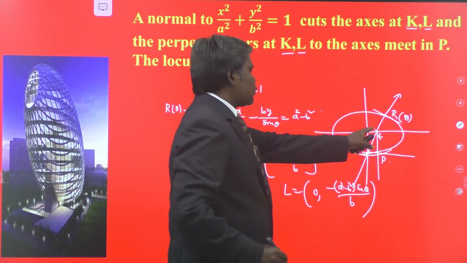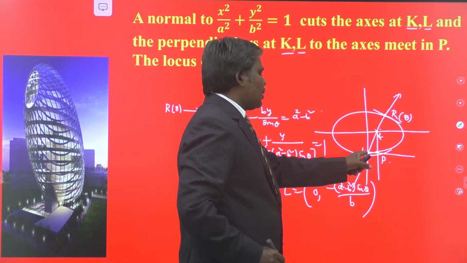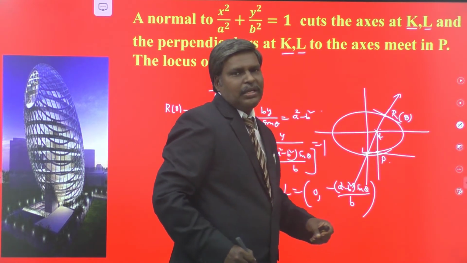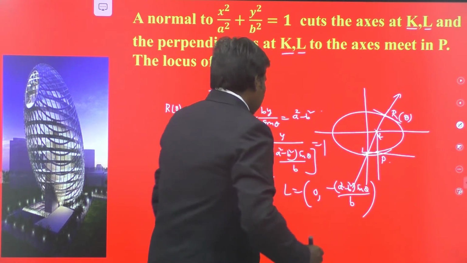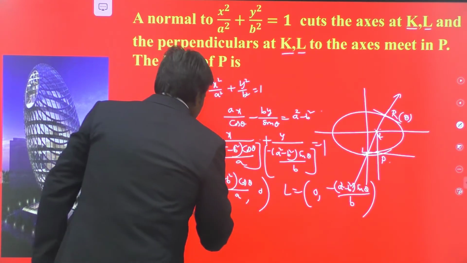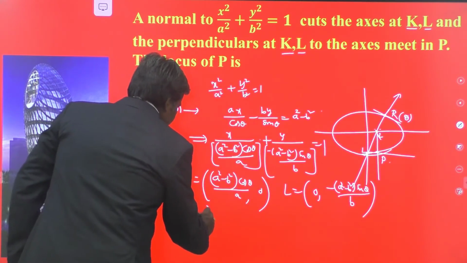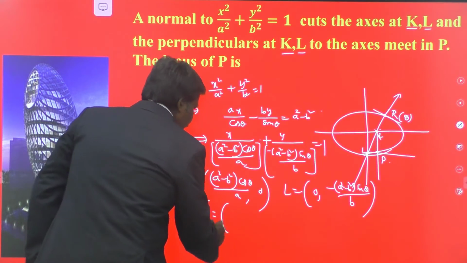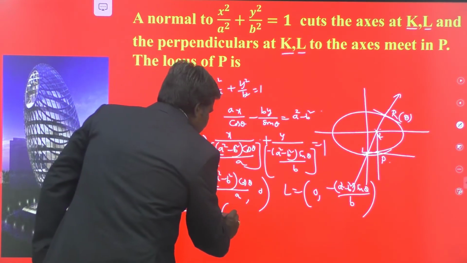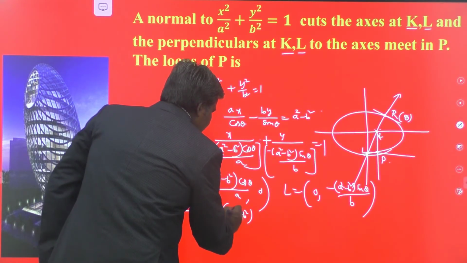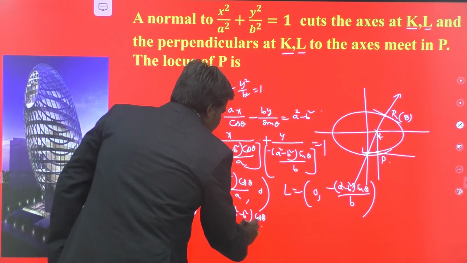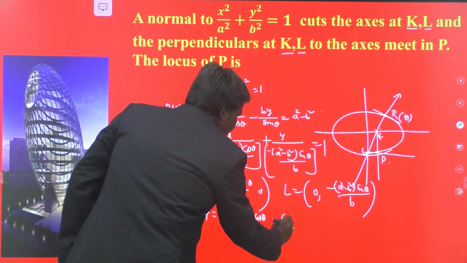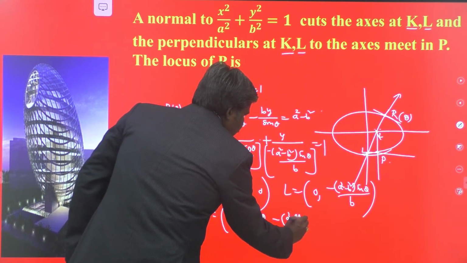If it is x1 comma 0, this is 0 comma y1. What are the coordinates of P? x1 comma y1. Immediately we can write the coordinates of P as K comma L, that is (a square minus b square) cos theta by a, comma minus of (a square minus b square) into sin theta by b.